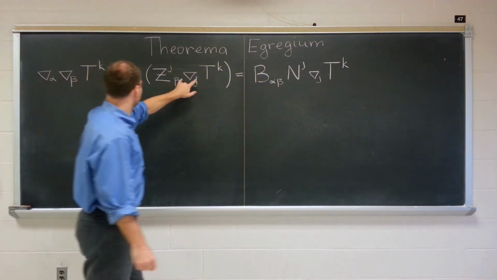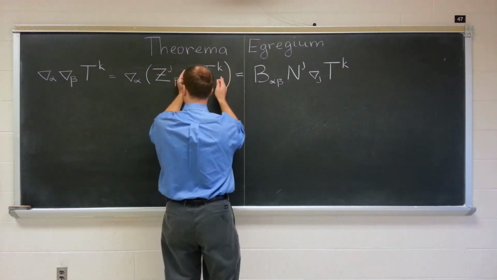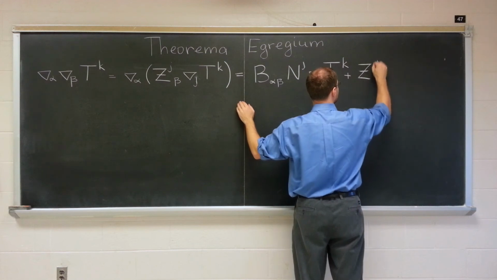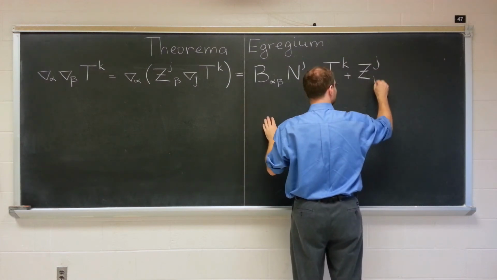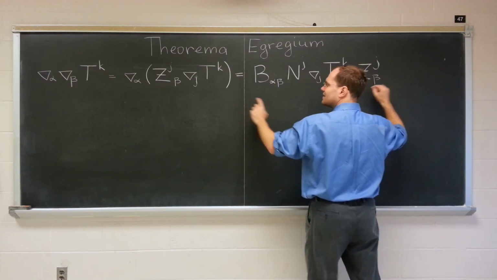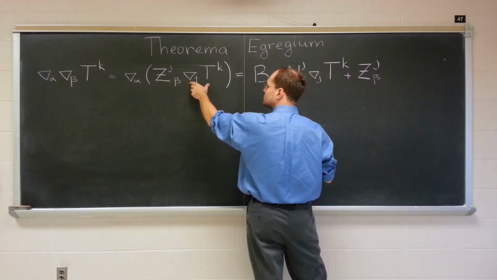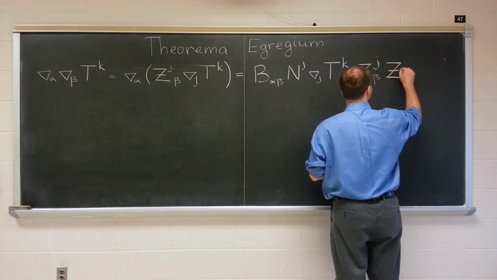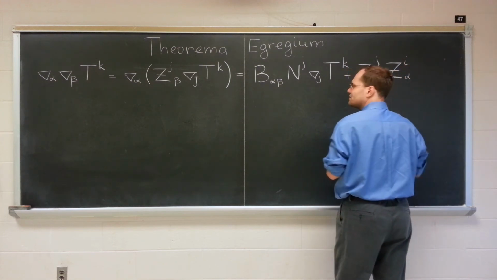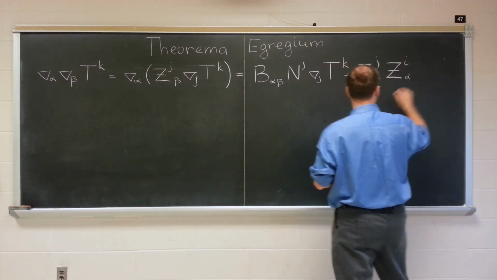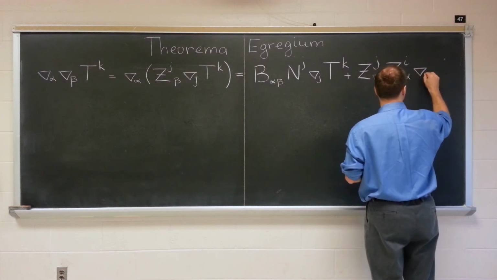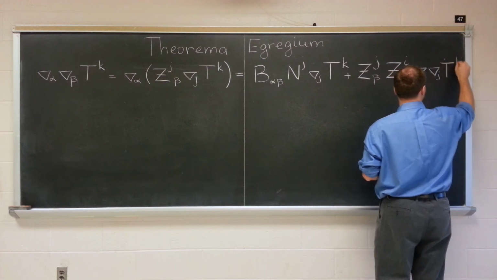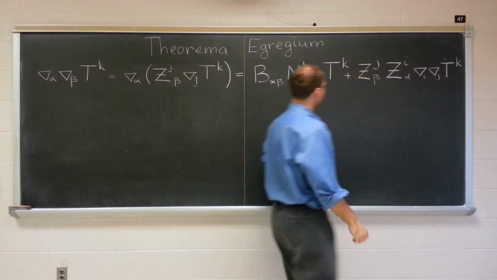And the second term is the surface derivative applied to this, so plus z j beta is unchanged. And then I'll just use the chain rule right away, which will be z I alpha, the derivative sub I, the derivative sub j of t k.